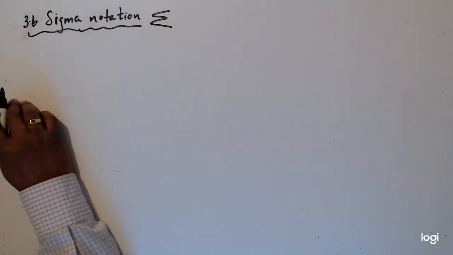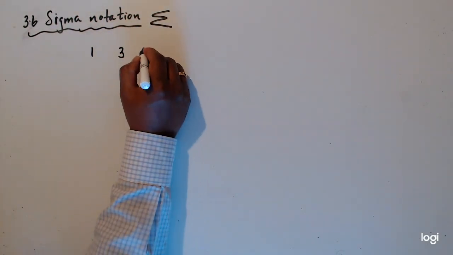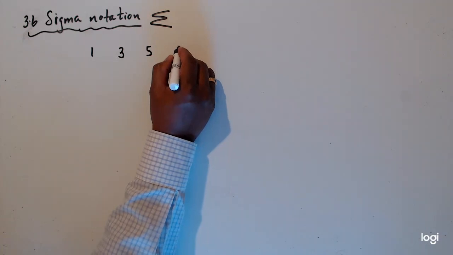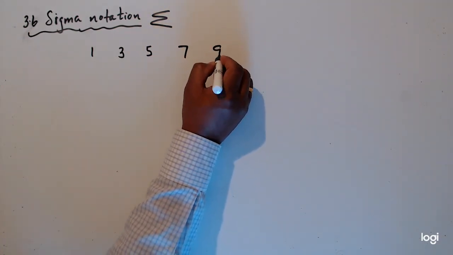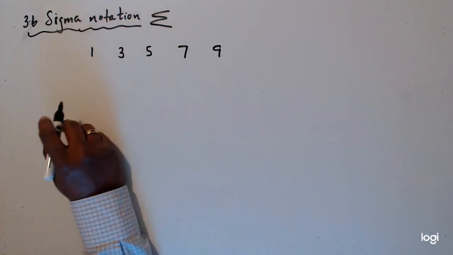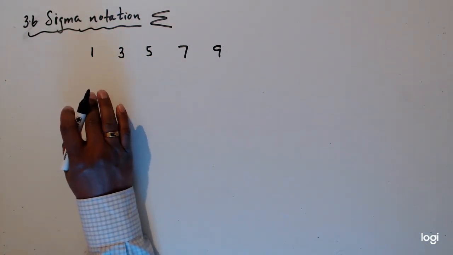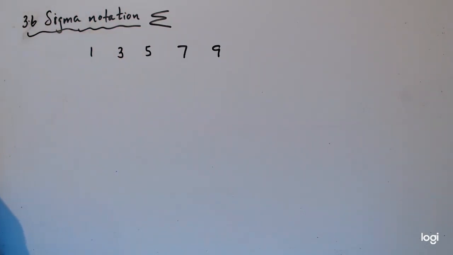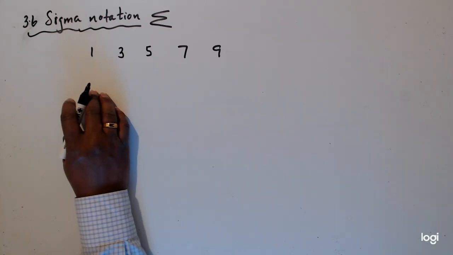Let me start with the example. 1, 3, 5, 7, 9. And you can see this is a sequence. This is an arithmetic sequence.